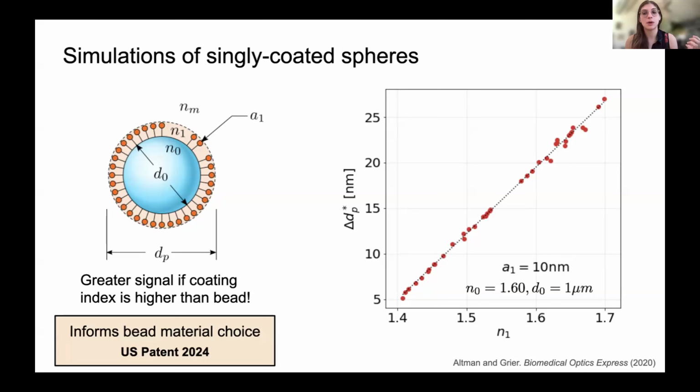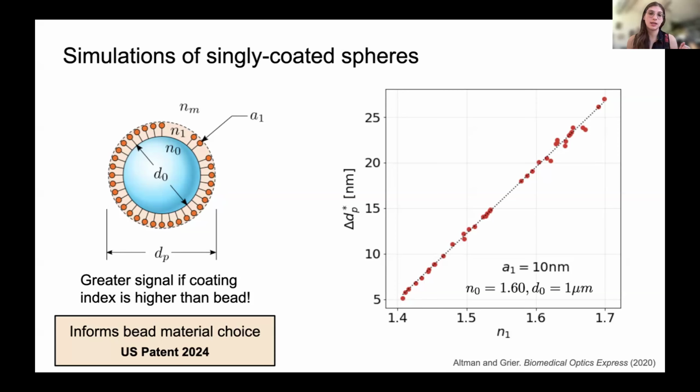For example, these experiments were previously being done using polystyrene as the probe bead, which has a relatively high refractive index of about 1.6. And after we did these simulations, we knew to switch to a material like silica, which has a much lower refractive index of 1.4, to perform these diagnostic tests.